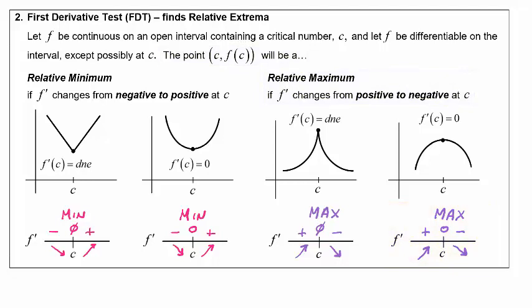Now we can use this to find relative extrema on any function. And furthermore, that helps us create the graphs of these functions. Here we have to find the relative extrema of f of x equals radical 3 over 2 x plus sine of x on the interval from 0 to 2 pi.